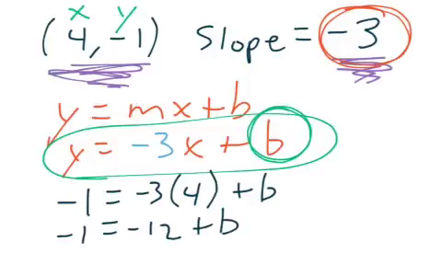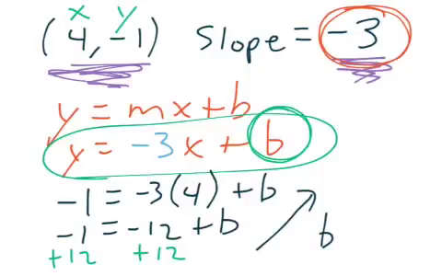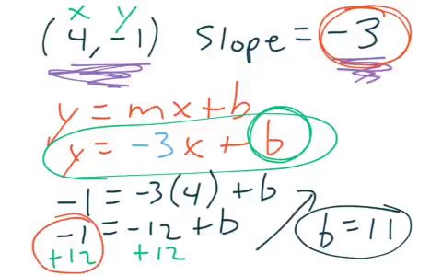And solving for b, we'll do a plus 12 plus 12. Okay, so shifting over here, I know that b equals 11. And again, hopefully you agree that -1 plus 12, look to the left over here, is 11.